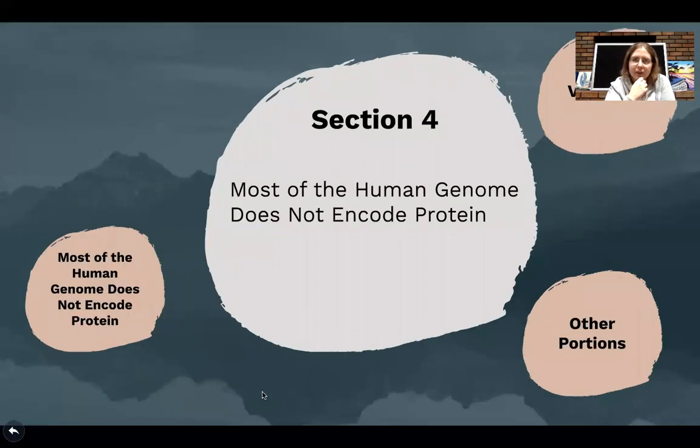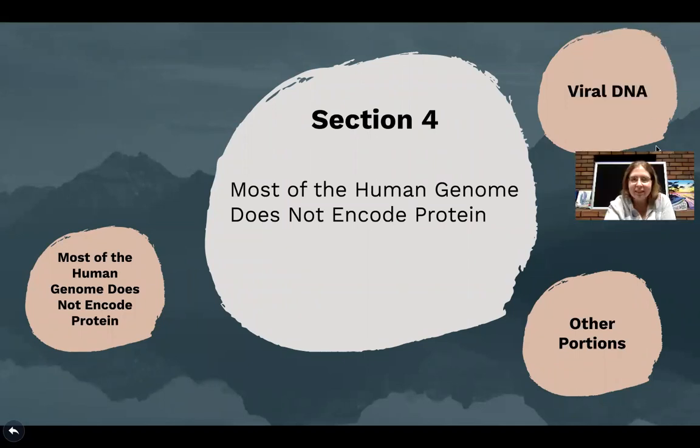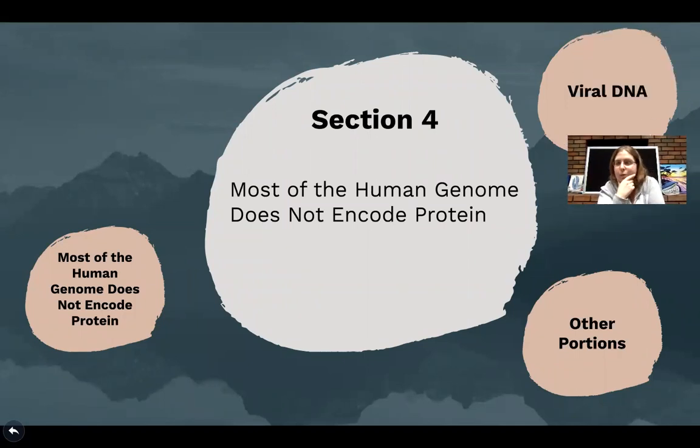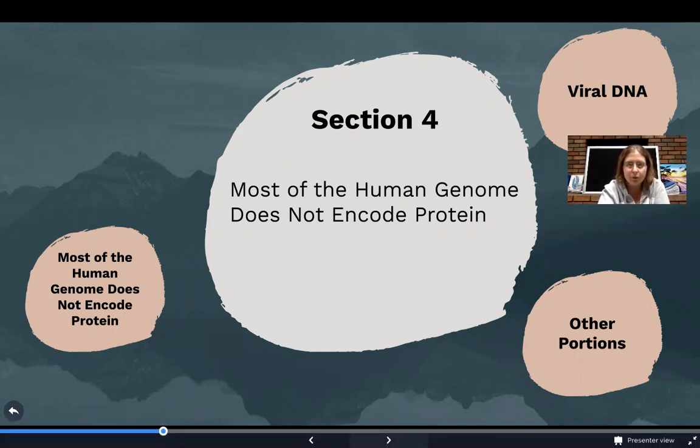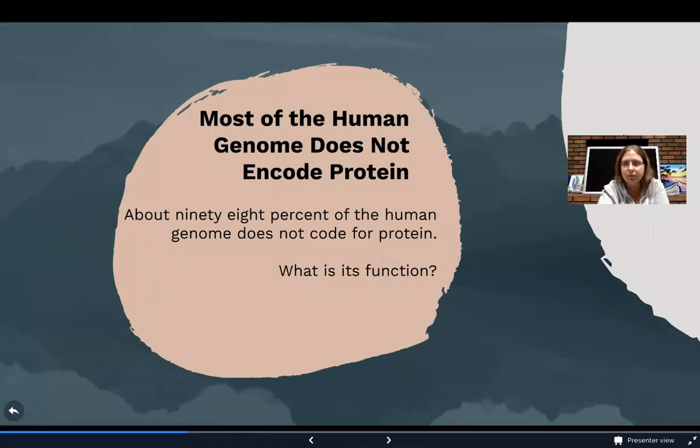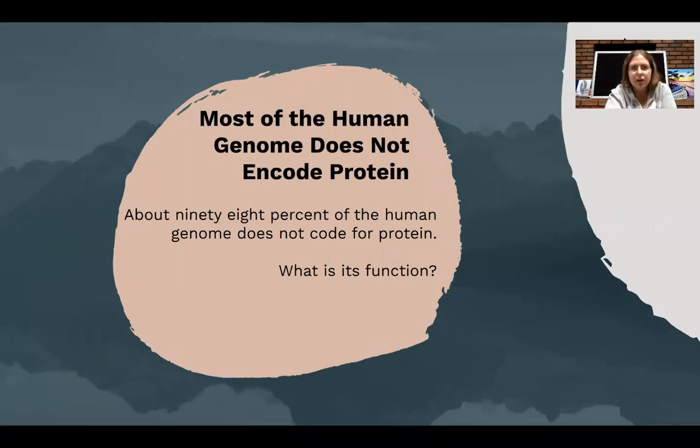All right, section 4. Most of the human genome actually does not code for proteins. I know this sounds like a big shock, but we've talked about this before. So about 98% to 98.5%, somewhere around there, actually doesn't code for protein.